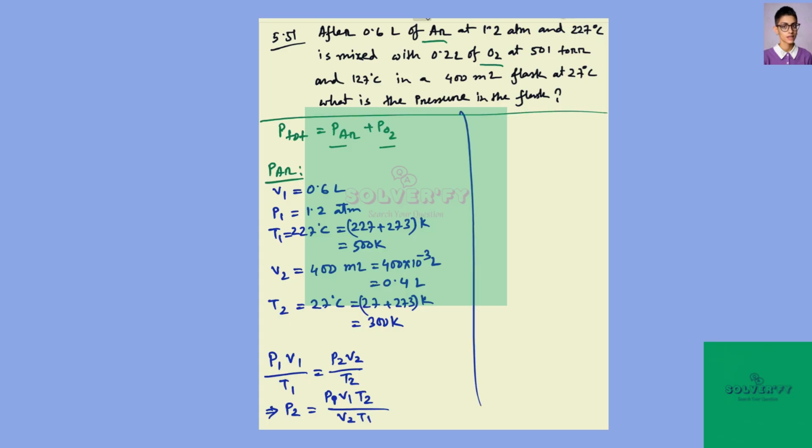Let's insert all the values. Initial pressure is 1.2 atm. Volume is 0.6 liter. Final temperature is 300 Kelvin. The final volume is 0.4 liter, and the initial temperature is 500 Kelvin.